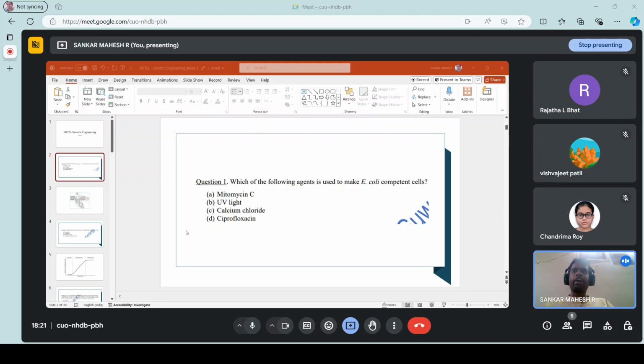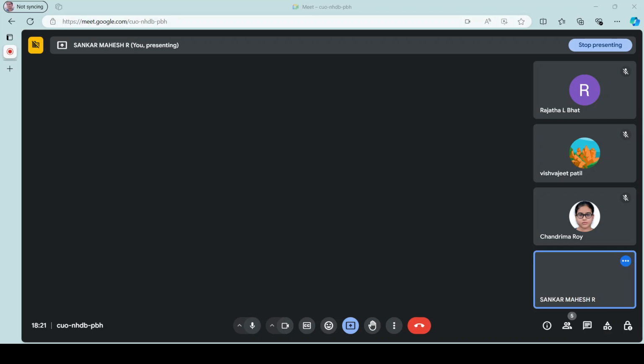Okay, I have an image that would explain this better. So you have your cell membrane. I'll briefly explain the process of competent cell making. So in your vial, which contains these E. coli cells, you will have a trace amount of magnesium chloride, some calcium chloride, some glycerol, and your cells.